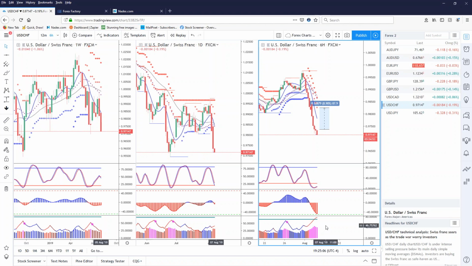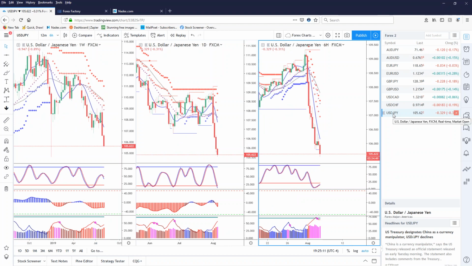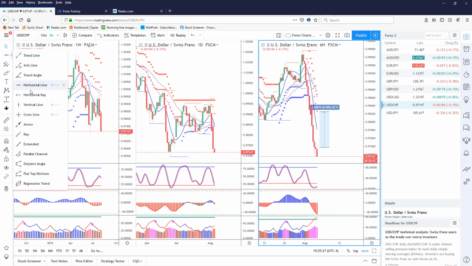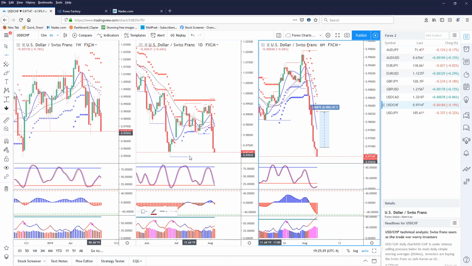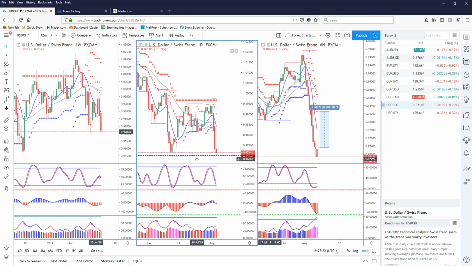Okay, let's go look at the USD JPY, and it's probably oversold everywhere. On the USD Swiss franc, no, it will be a double bottom if it comes here. You would be right. But what you want to see when it forms that double bottom is a rejection.